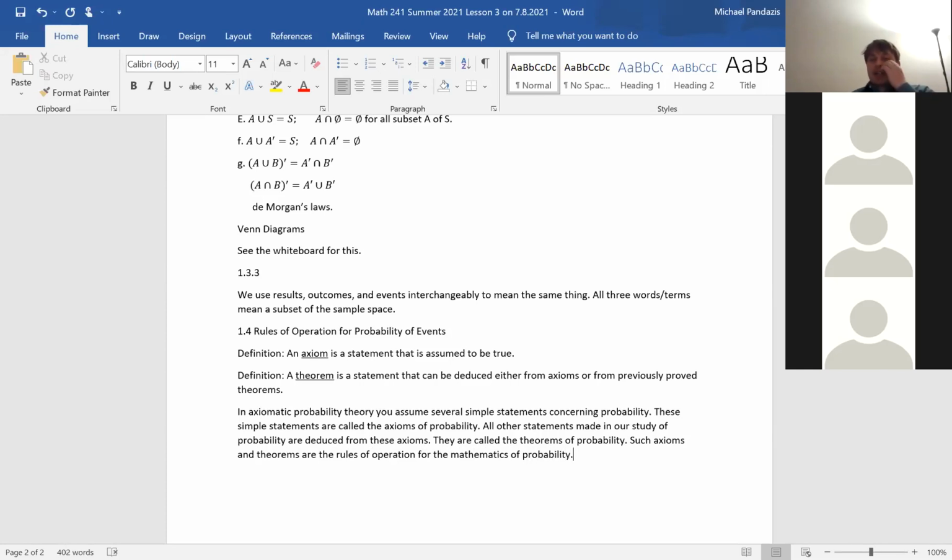So once you have your axioms, which are your assumptions, and you have the theorems that you deduce from your axioms, you're held by that assumption or you're held by that theorem. So when you do math later, you can't contradict any of the assumptions you made in the beginning or any of the theorems you deduced from those axioms.